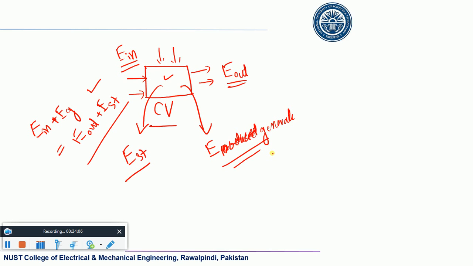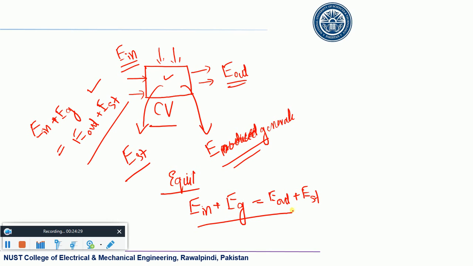Your equilibrium says that energy in, I repeat, plus energy generated, whatever is coming into this system, must be equal to energy out plus energy stored. You agree with it? Is there any other kind of relation possible through these interactions or these energy forms? I don't think so, right?